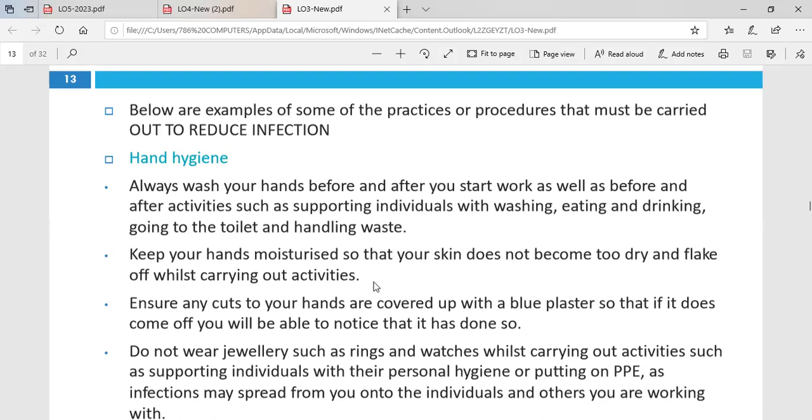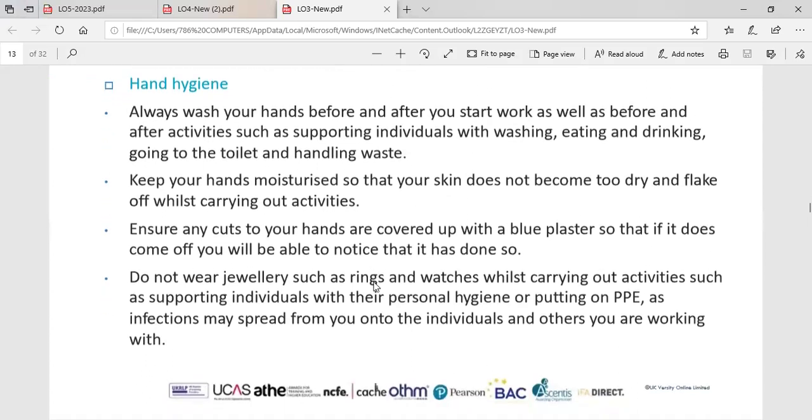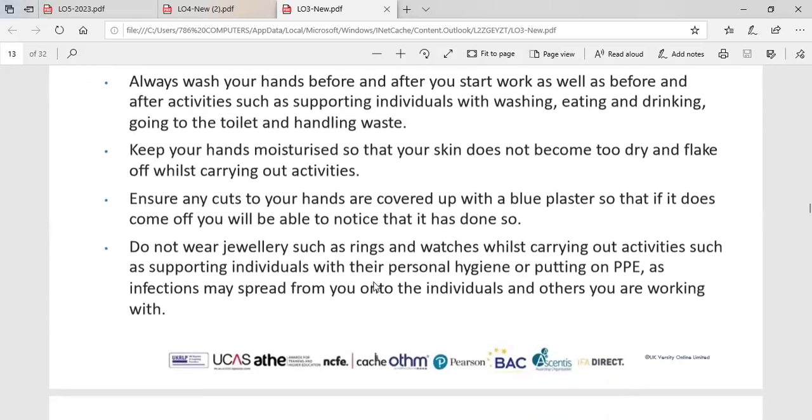Keep your hands moisturized, because if the skin becomes too dry and flaky, those infectious agents can spread into your body through those dried cracks. Ensure any cuts in your hands are covered so that you do not have that infection penetrating into your body.